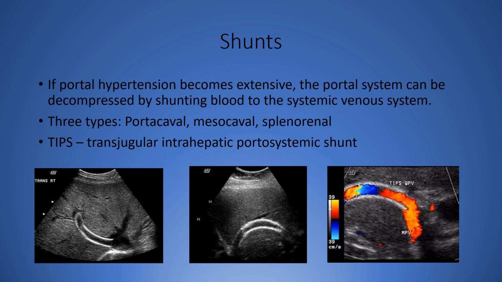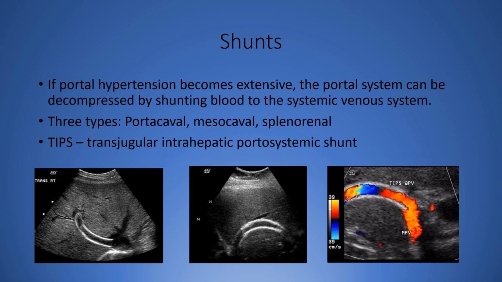It just goes straight from the portal venous system into the hepatic venous system. This does come with some problems because you can overload the heart, because all of a sudden it's getting a lot more volume from the hepatic venous system than it's used to.